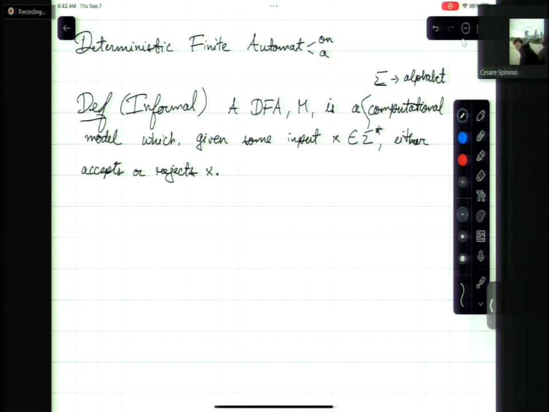Okay? So in other words, DFAs are known as language recognizers or acceptors because given strings, they either accept or reject them. Okay?